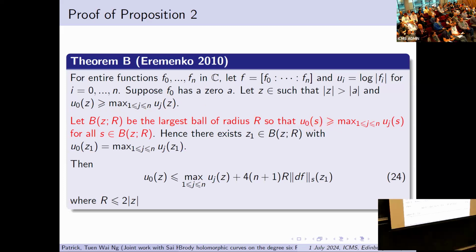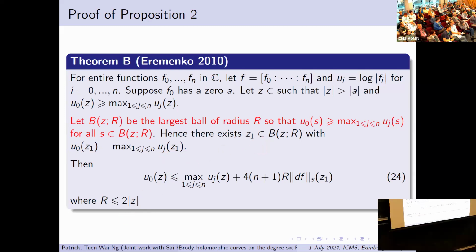Sorry, there should be a boundary B here. So on the boundary of this ball, you can find z_1 so that this value is exactly equal to the maximum here.